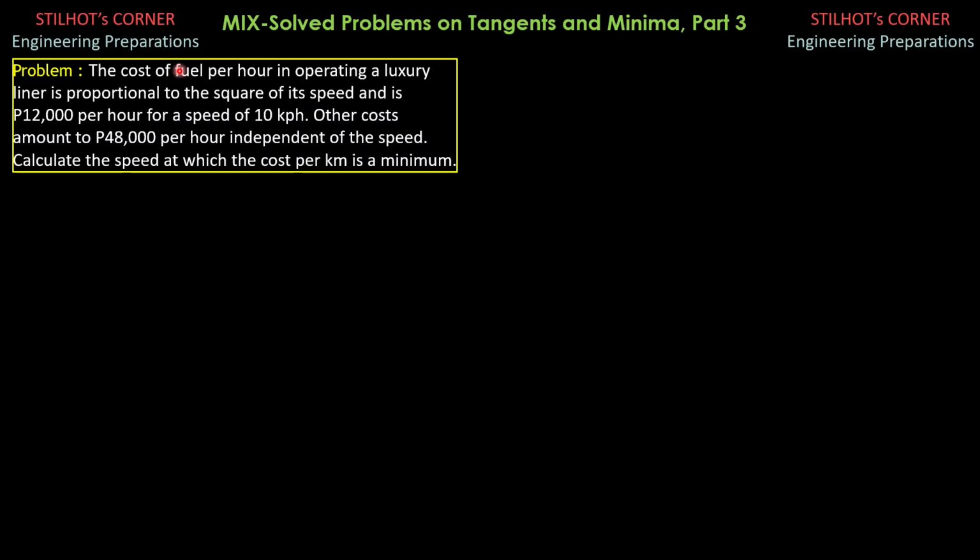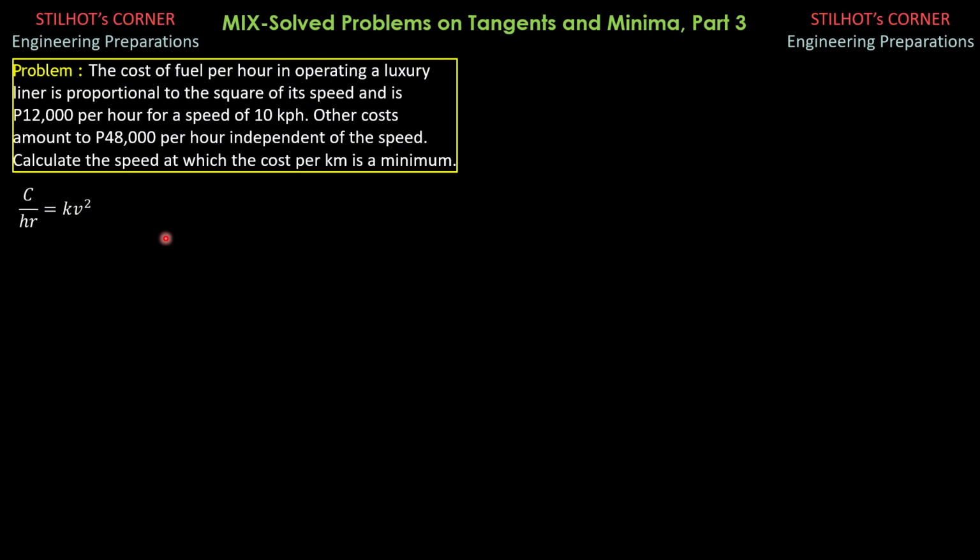So from this statement, cost per hour is equal to constant k times velocity speed square, v square. Then to solve for k, we have this condition that the cost per hour is 12,000 for a speed of 10 kilometers per hour.